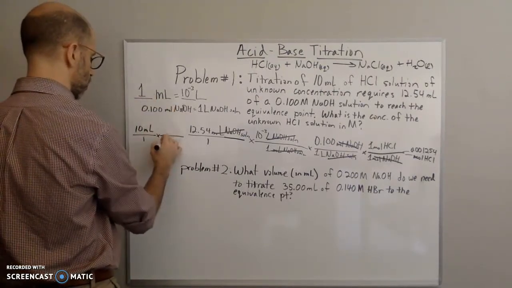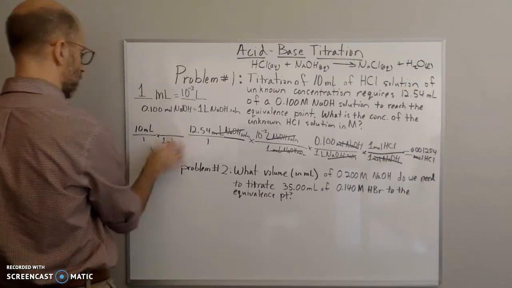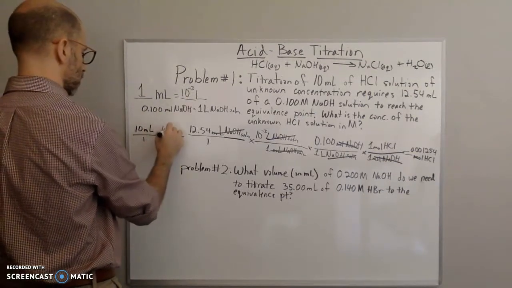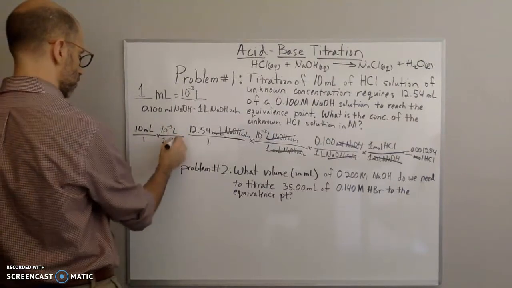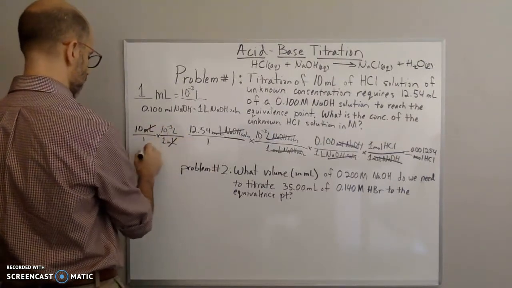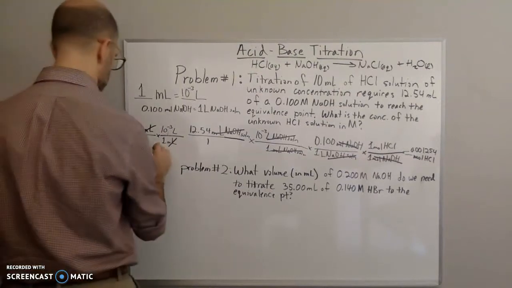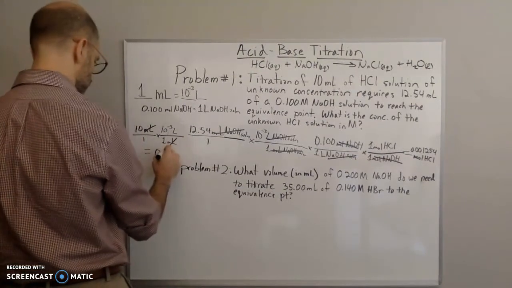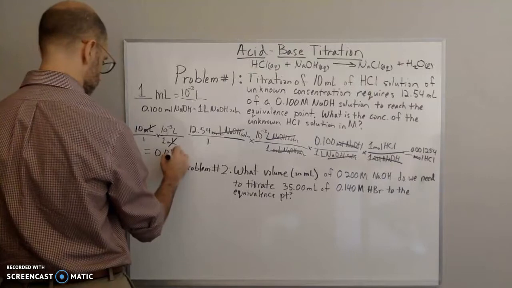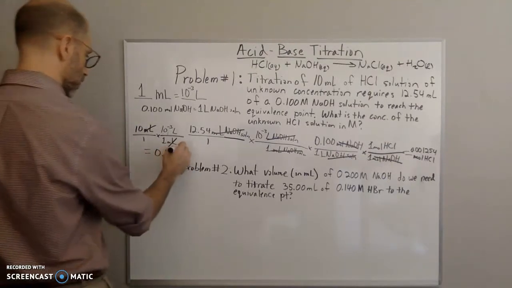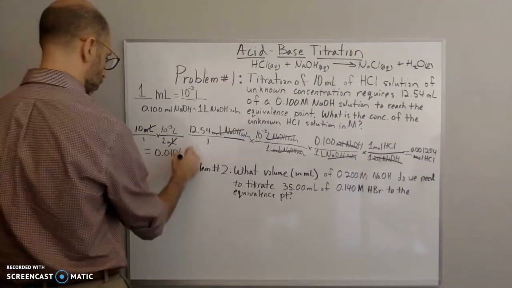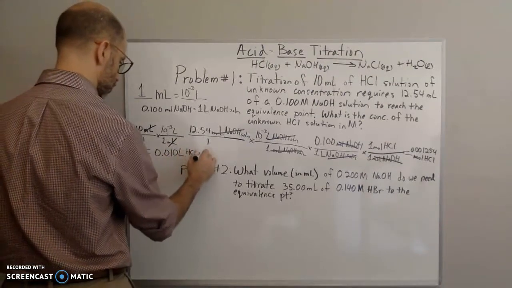So I have 1 milliliter on the bottom and 10 to the negative 3 liters on top. Milliliters cancel out, and that's going to be 0.010 liters of my HCl solution.